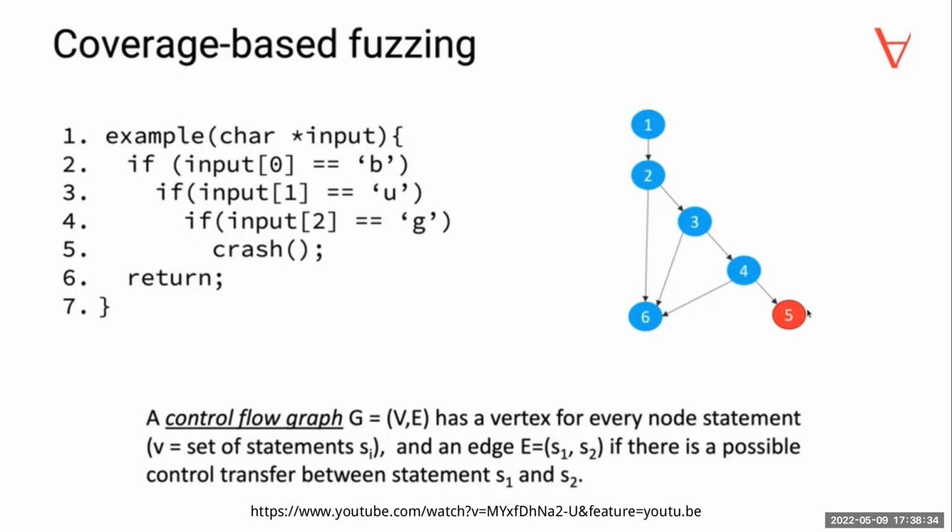Maybe there are some other conditions, but that gives you a higher chance to find the bug. In coverage-based fuzzing, one of the metrics to say if your tool is good is how much of the control graph your tool can cover. Okay, so that is our second topic, fuzzing.